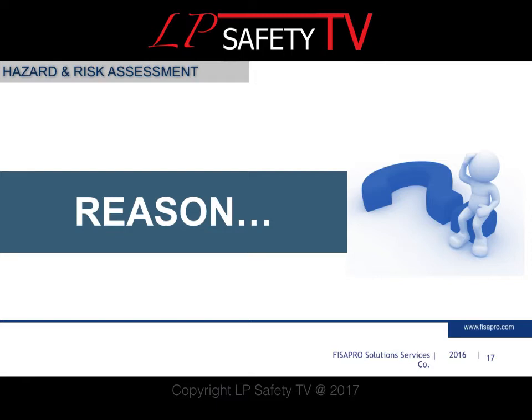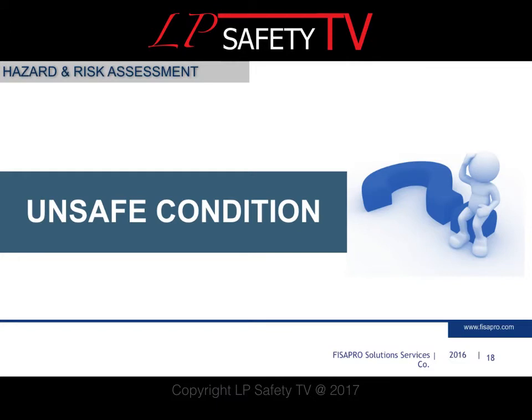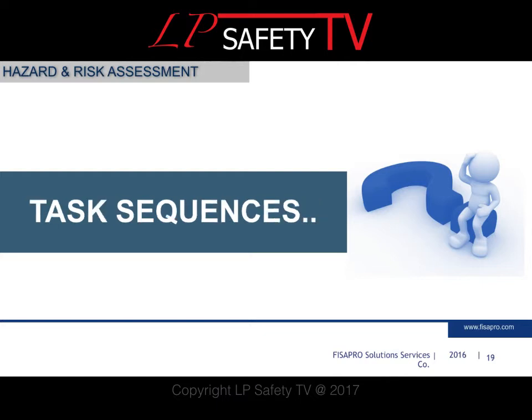But why did the person walk over the uneven surface, and why is the uneven surface there? If the injured person walked over the uneven surface because he is mobilizing some materials, that surface, being uneven, becomes an unsafe condition. Because he's mobilizing materials from the warehouse to the work site, it is because of that sequence of an activity.